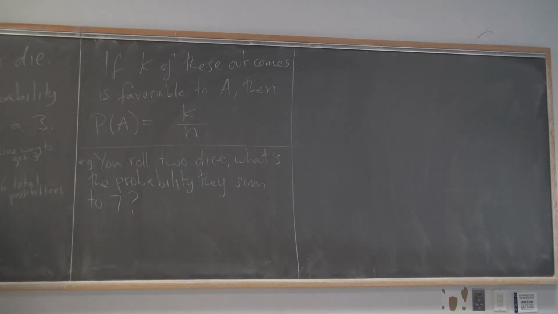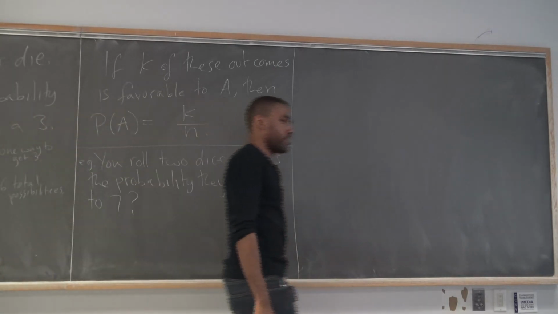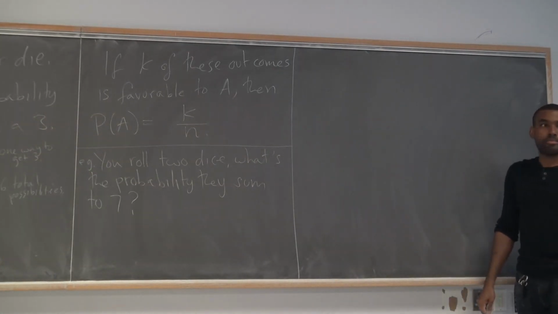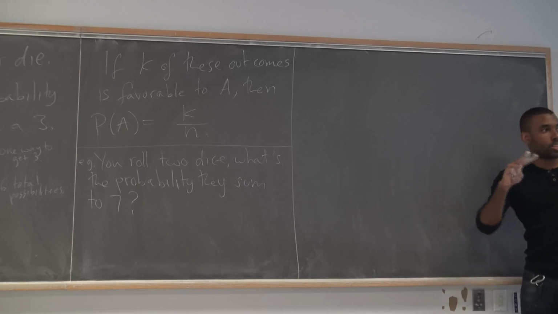What's the probability of getting a 7 when you roll 2 dice? You can get a 1 and a 6, a 3 and a 4, a 5 and a 2, and vice versa, right?